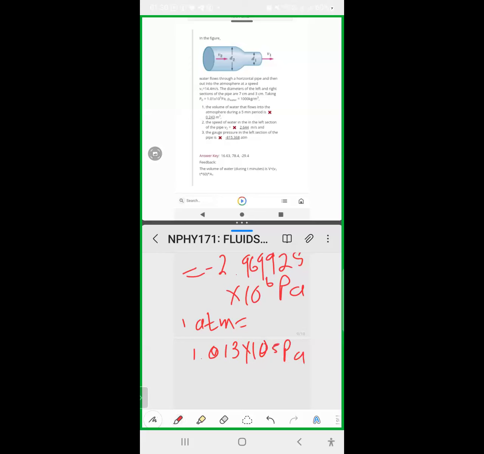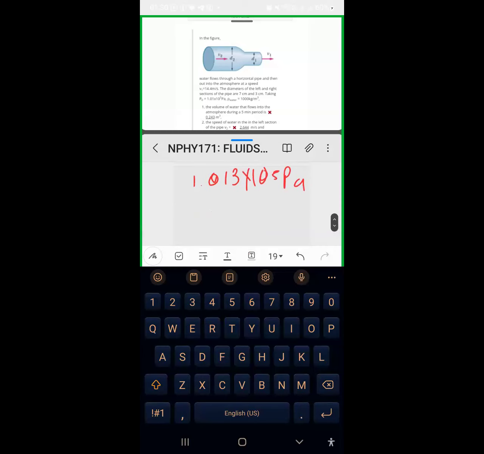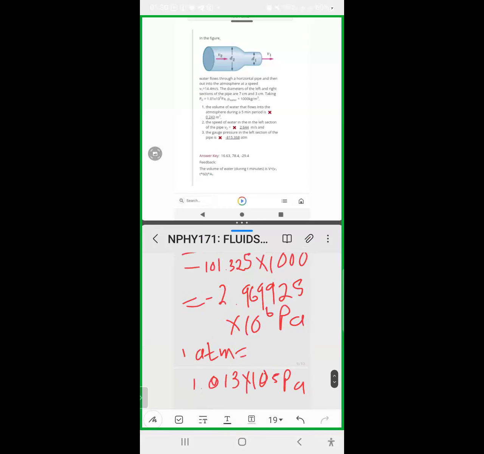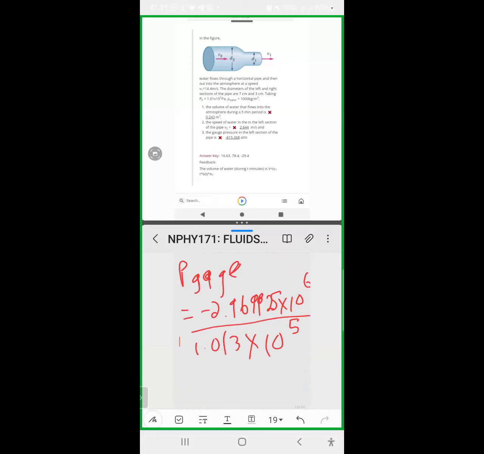Therefore, our P gauge in ATM will be equal to minus 2.9699925 times 10 to the power 6 divided by 1.013 times 10 to the power 5. So let's punch it on a calculator and see how much we get.